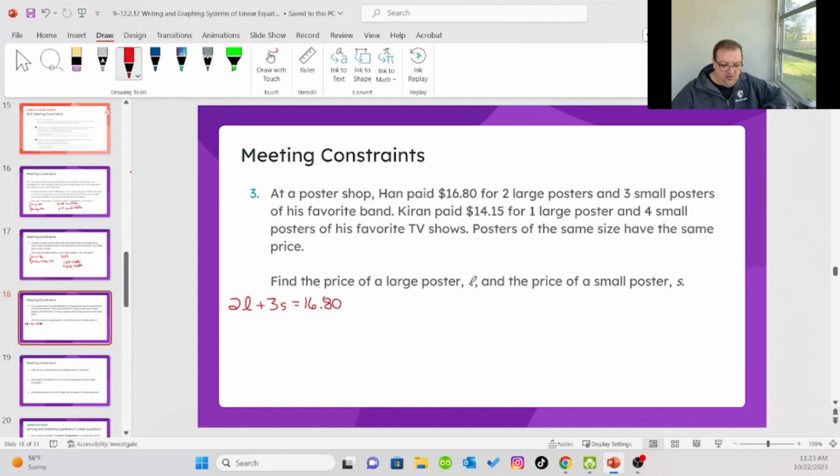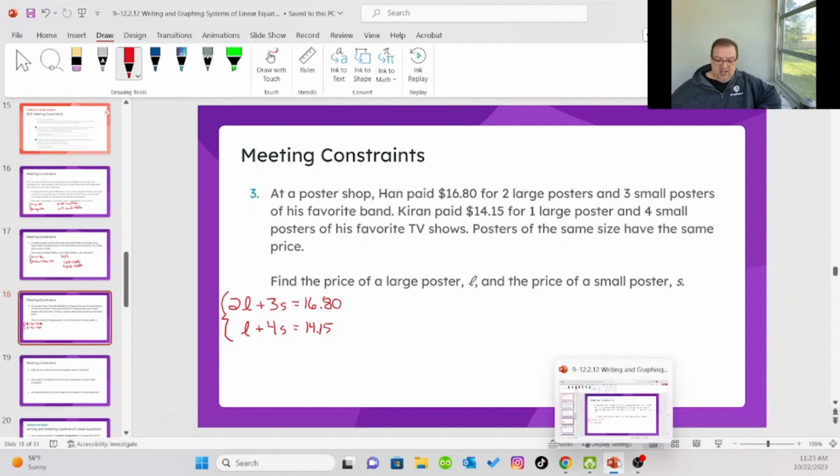Kieran had 1 larger poster and 4 smaller posters and paid $14.15. We put our bracket. This represents a system of equations. Now we can type those into our Desmos calculator.